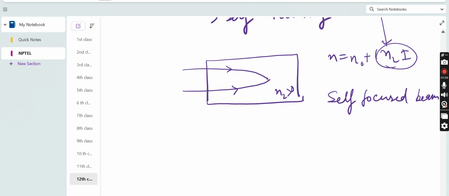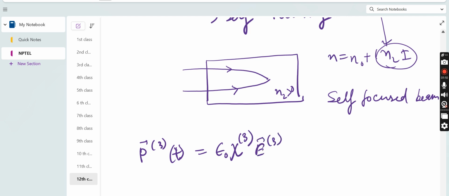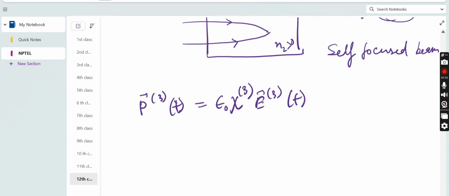So now let's examine it with all the components. P3(t), the polarization, is basically epsilon naught chi 3 E cubed of t.